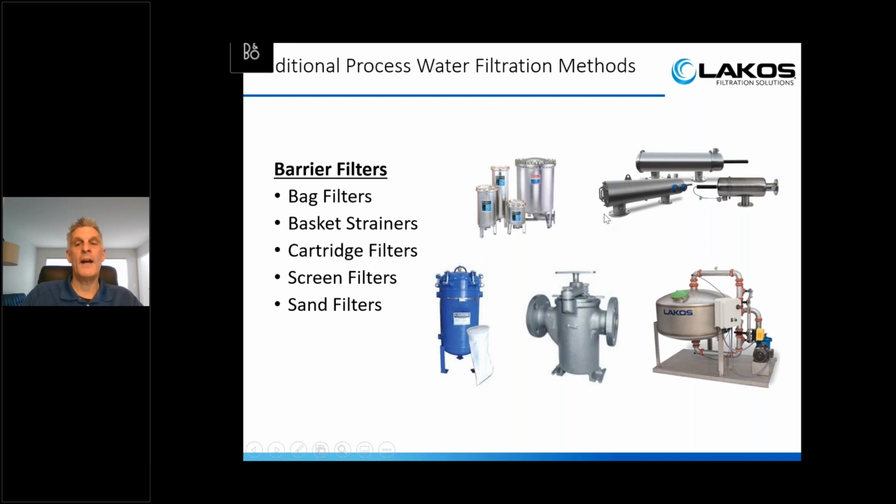And then you also have barrier filters that are more self-cleaning, which would include self-cleaning screens, as you can see here. And then you get into sand media tanks. So they're mostly what the maintenance teams will use as filters in a lot of cases in manufacturing facilities when they're looking at barrier filtration.